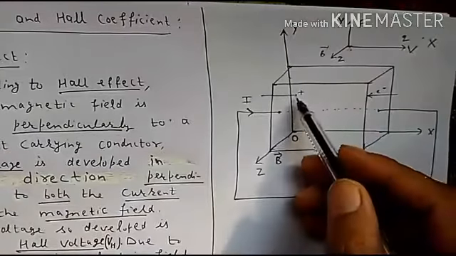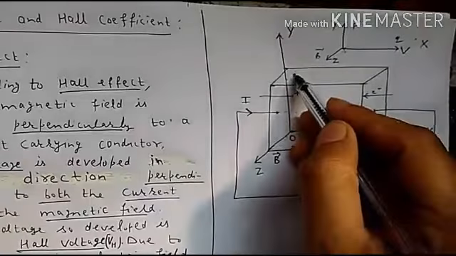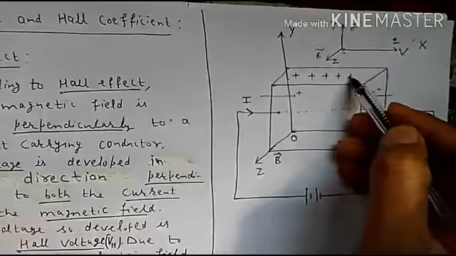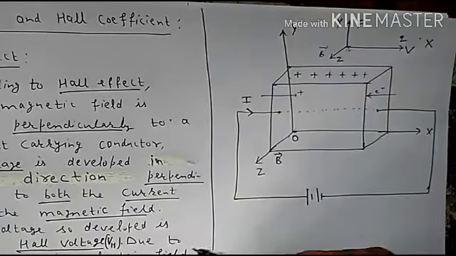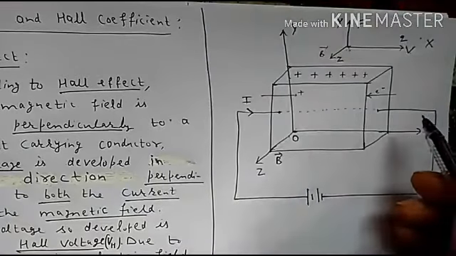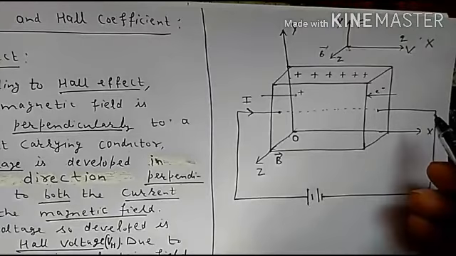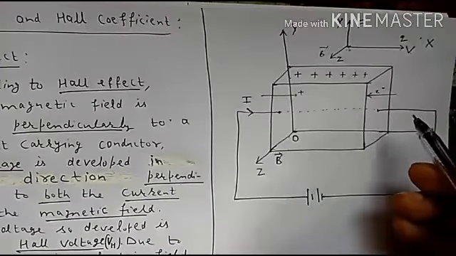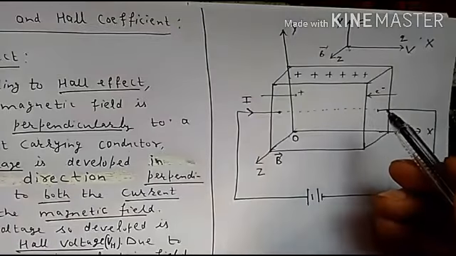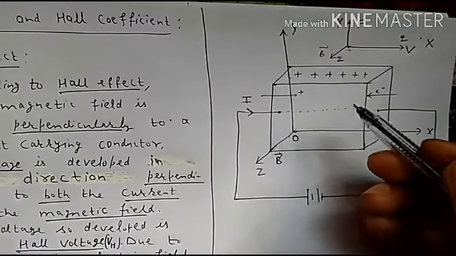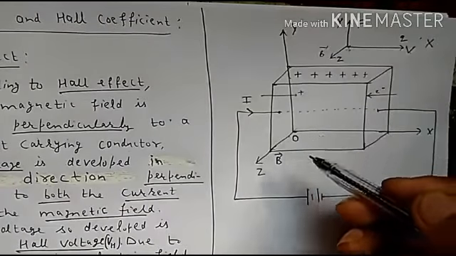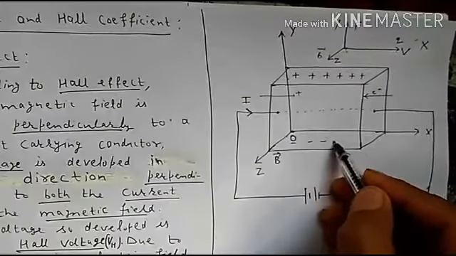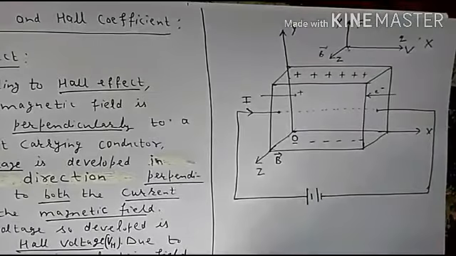So this charge will deflect towards y-axis and accumulate on the upper surface of this conductor. Similarly, electron is moving along negative x-axis from right to left, so it will experience a force towards negative y-axis and accumulate at the bottom face of the conductor.